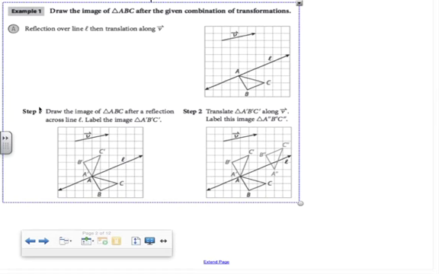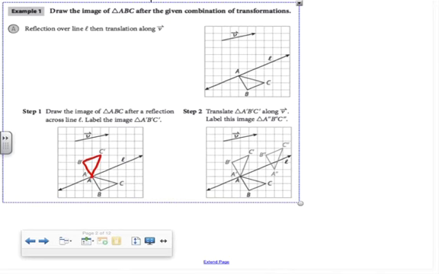So in example 1, part A, as usual, there's an example where they're going through the process and showing you what they did. So in this part A example, they're doing a reflection over line L and then translating it along the vector V. So they took the triangle ABC and reflected it, and it landed here at A prime, B prime, C prime.